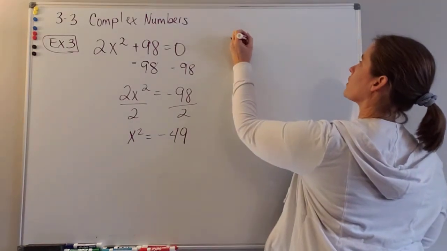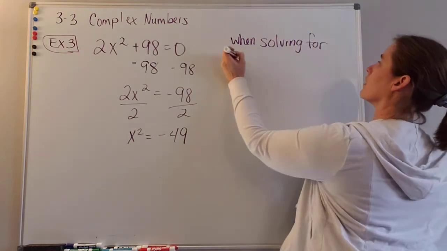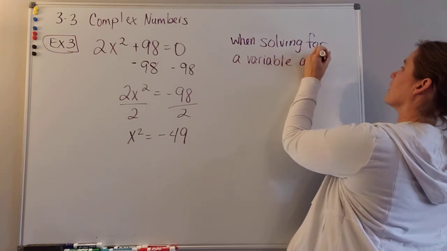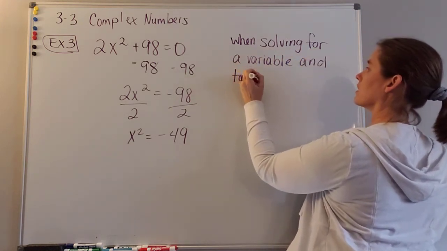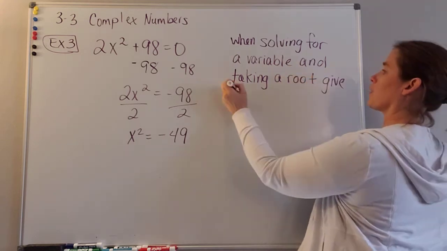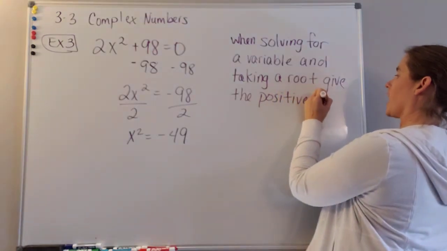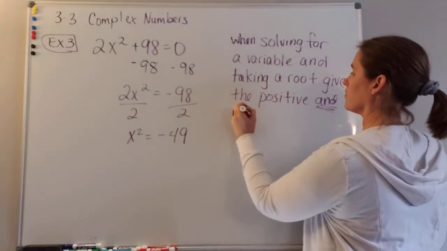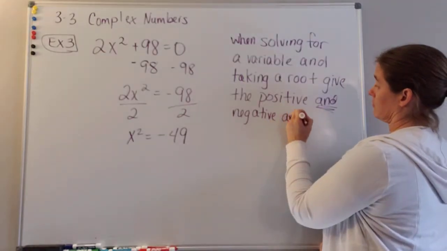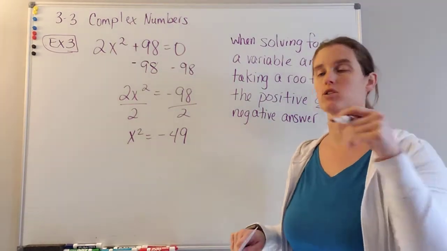So when solving for a variable and taking a root, give the positive and negative answer. You can list them separately, or what most people do is they will just simply do plus or minus.